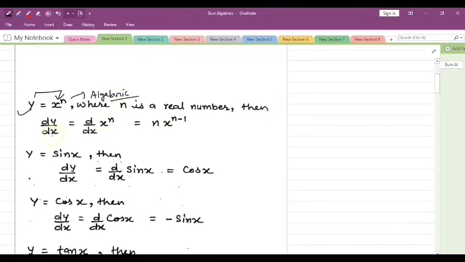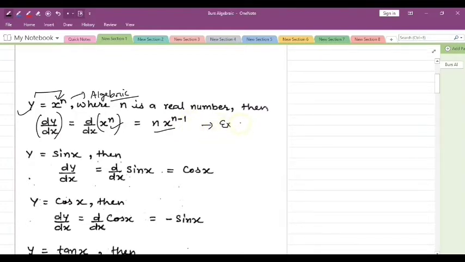So for this we have learned that dy over dx is written in this form: d upon dx of x raised to the power n is equal to n x raised to the power n minus 1.